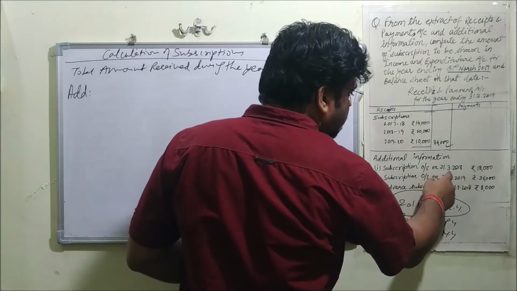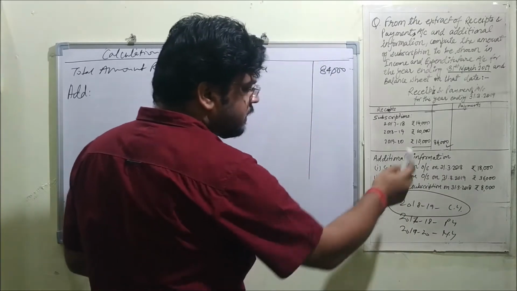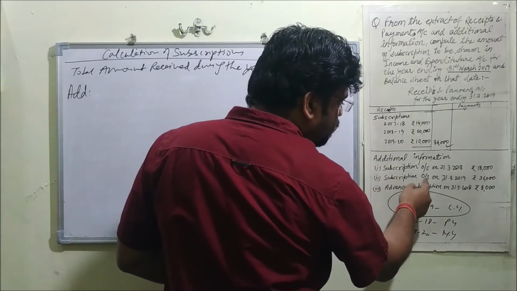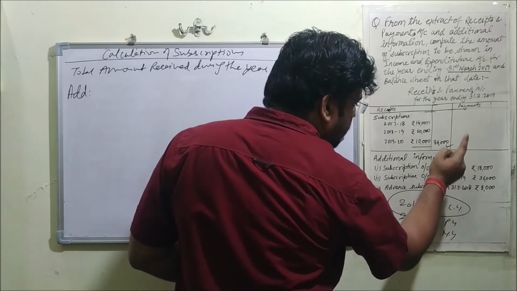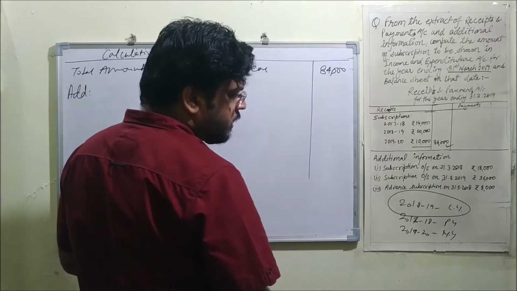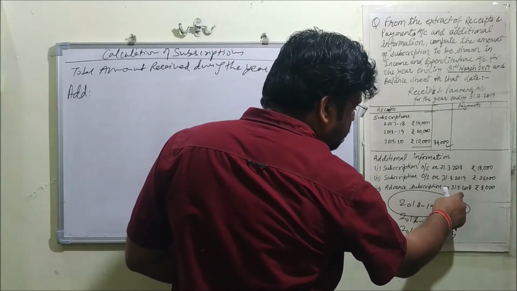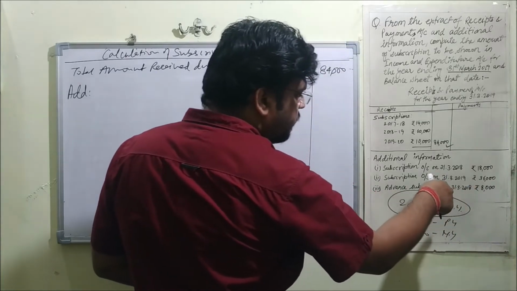Let's see how this information is going to be utilized by us. Subscription outstanding on 31st March 2018 means that is related to previous year. Okay, and subscription outstanding on 31st March 2019 means this is related to current year. And advance subscription on 31st March 2018, that is also related to previous year.